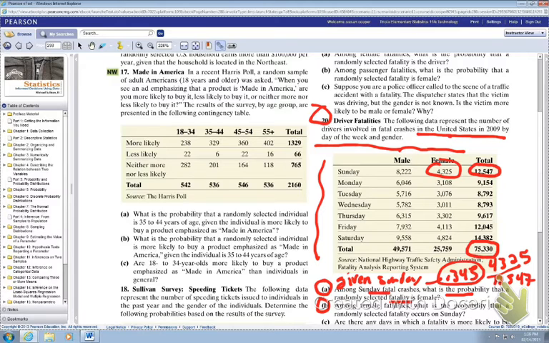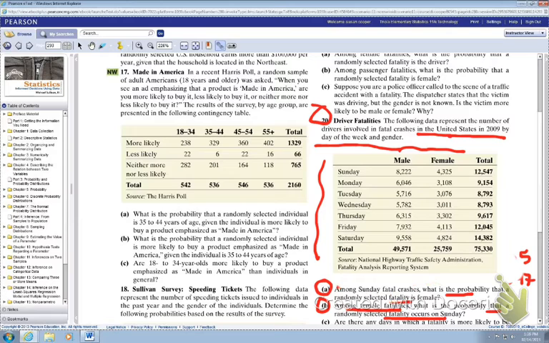Now look at how they switch you on the next one. Now it says among the female fatalities, what's the probability that a randomly selected fatality occurs on Sunday? Now you're saying, all right, given, let me erase all these strokes here. So in part B, we're saying among the female fatalities. So now we're shrinking the sample space to only looking at the females.